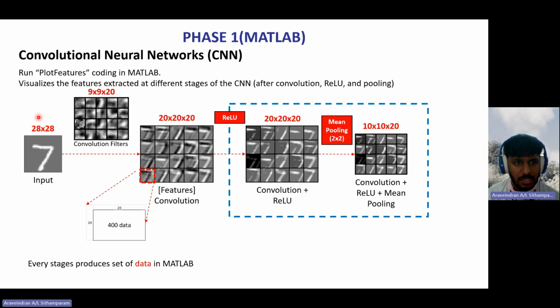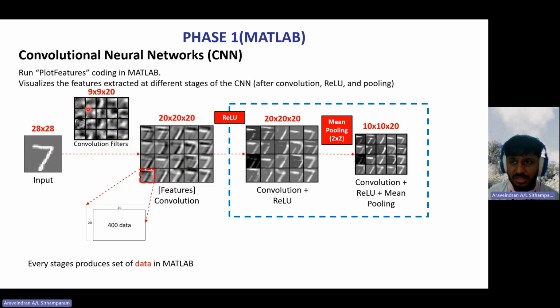So this is all the output from the MATLAB. If you can see here, I picked a number from the MNIST database, which is number 7, as my input. First, it will pass to the convolution filter, then it will create filtered features. This is the output after the filter.